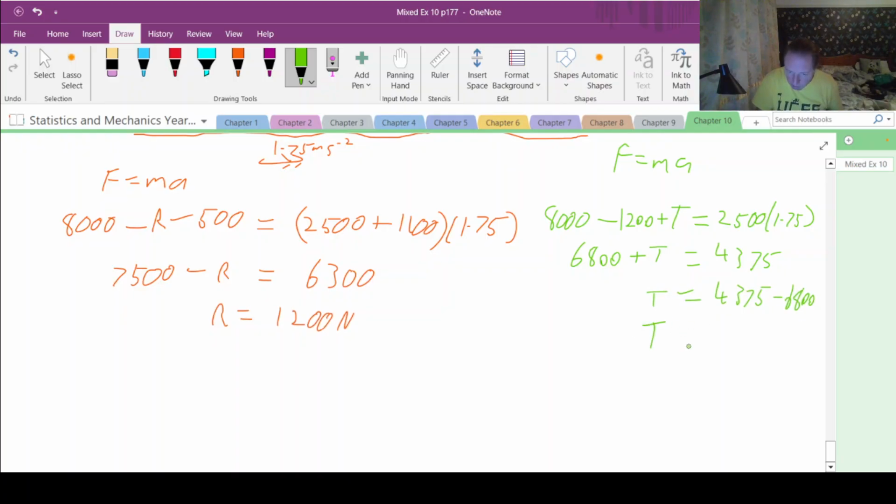Okay, and so this compression, or this tension as I'm calling it, is 4,375 take away 6,800. Okay, 2,425, and it's minus, which shows that it's in that direction for there.